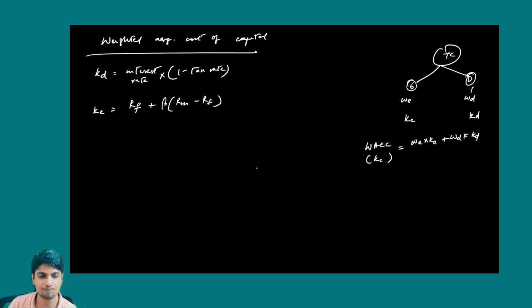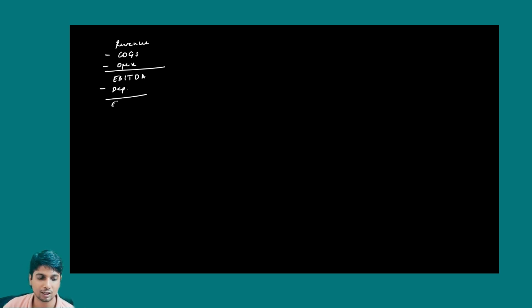So the very simple way, how do you find out the cash flow is, first let us first prepare a draft P&L. So first we'll take revenue minus cost of goods sold minus operating expenses, that is OPEX. Then you will get EBITDA. Then to this you will reduce depreciation. Then you get EBIT. To this you will reduce interest.